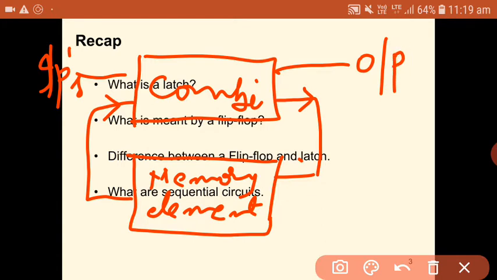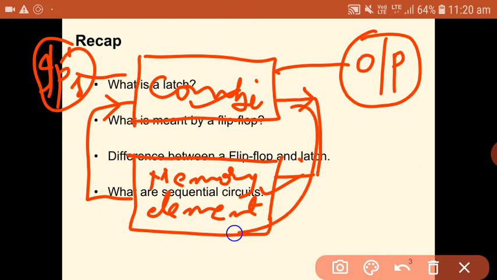So the output of any sequential logic circuit not only depends upon the present input but also on previous outputs. This is the basic definition of a sequential logic circuit.